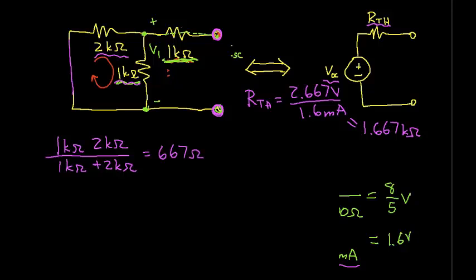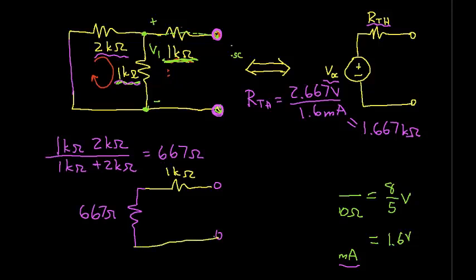So now I can replace my parallel resistances by 667 ohms, I still have this 1k ohm here, and this goes here to my terminals.